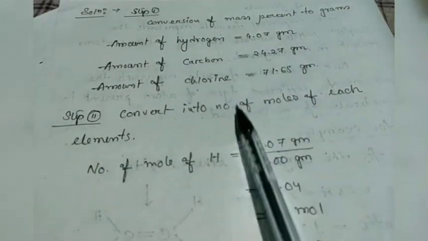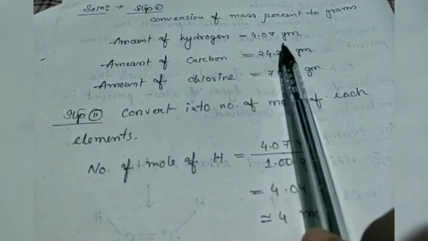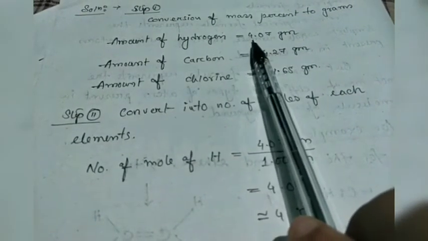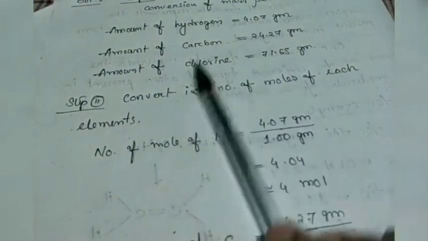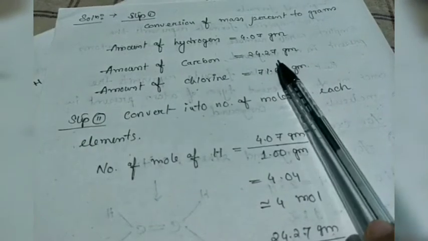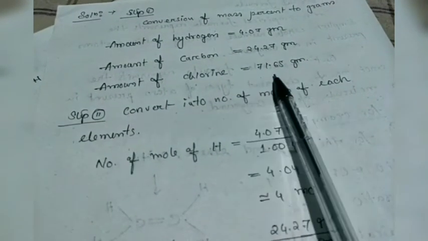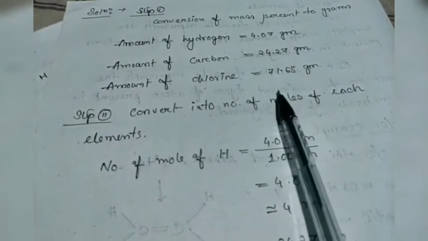That means the amount of hydrogen is 4.07 gram, carbon 24.27 gram, and chlorine 71.65 gram in 100 gram of the compound.